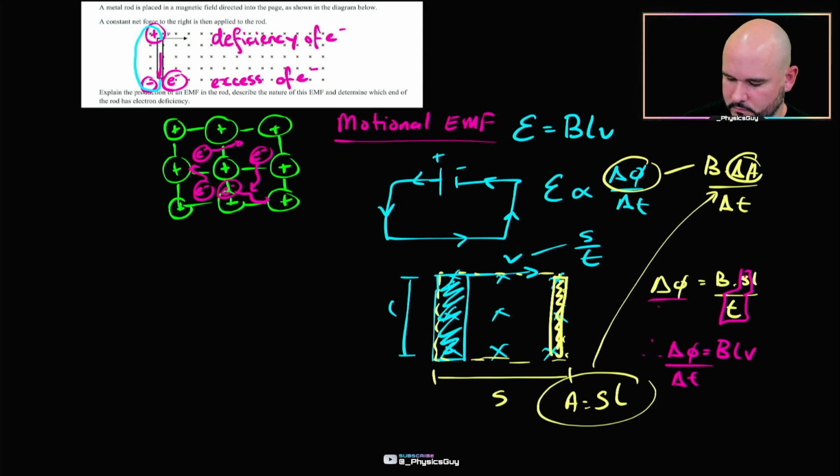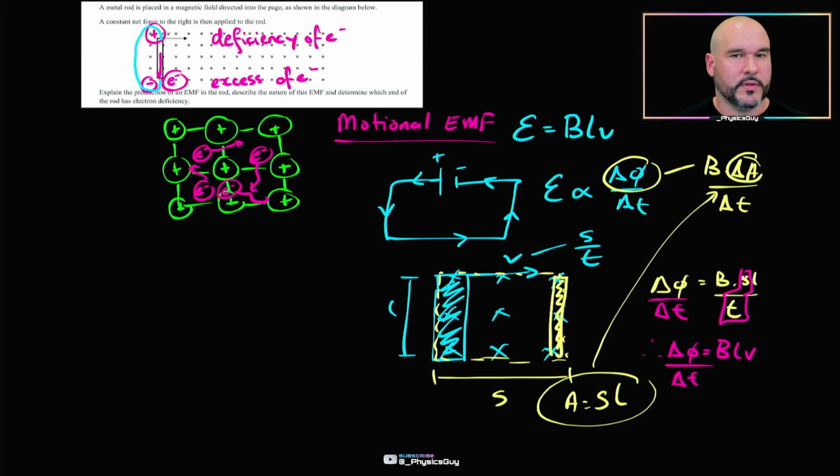So change in flux over change in time is therefore BLV, and we know that EMF is equal to BLV. It's the same thing as EMF being equal to the rate of change of flux. It's a single one-dimensional rod, so we ignore any number of turns. So it's nice to see that the motional EMF equation does tie in with Faraday's law.